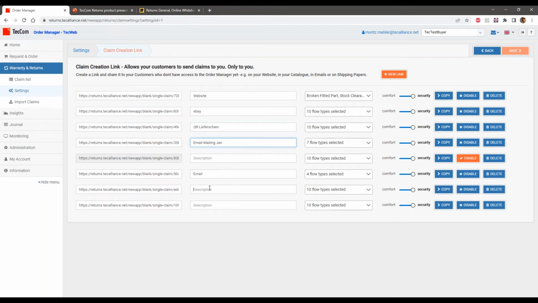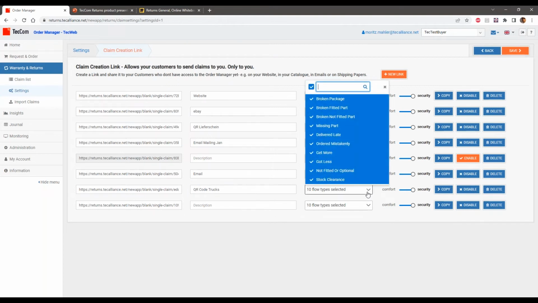I can print it as a QR on my trucks. And you can set up exactly which kind of warranties and which kind of returns you want to fulfill with this.